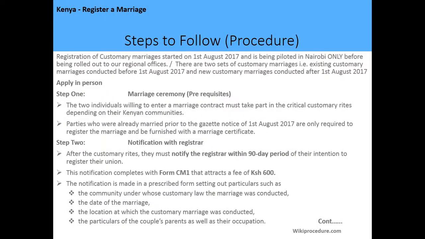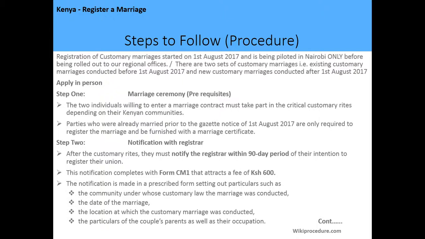And the steps to follow are as follows. First of all, let's note that registration of marriages started on 1st August 2017 and is being piloted in Nairobi only before being rolled out to other regions. And there are two sets of customary marriages.